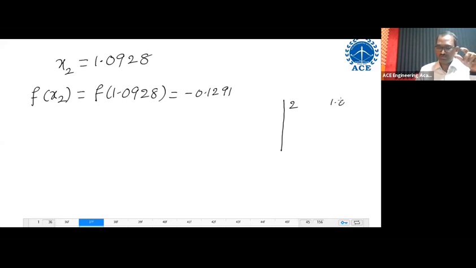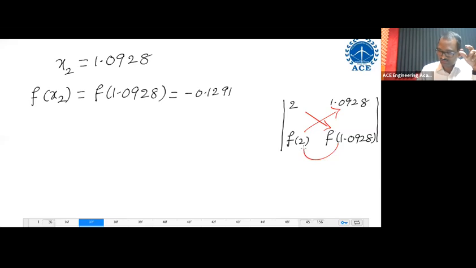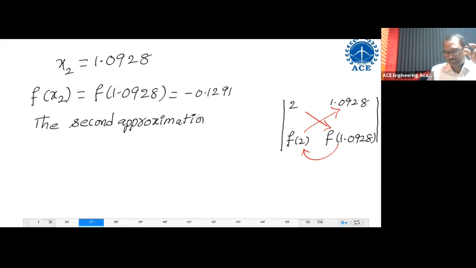Here f(2), here f(1.0928). Find the determinant of this matrix: these two product minus these two product, divided by this minus this. First approximation is x2, second approximation is x3.